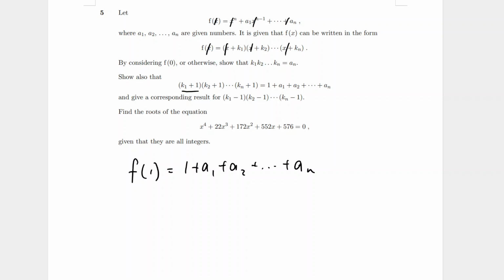Then you put in x is minus 1. So f(minus 1) is equal to 1 minus a1 plus a2, and so on. Let's use the sigma notation, shall we?